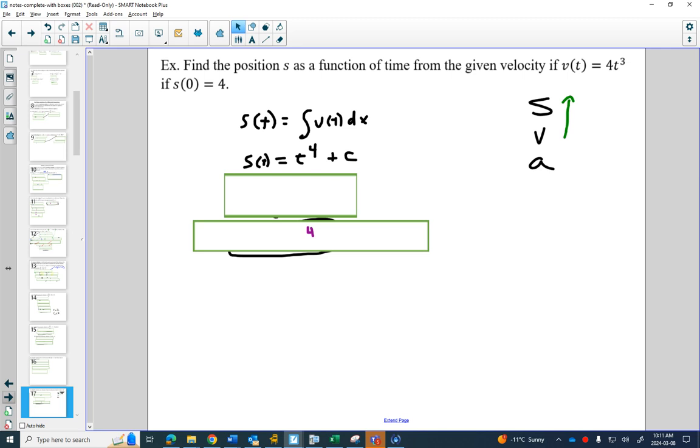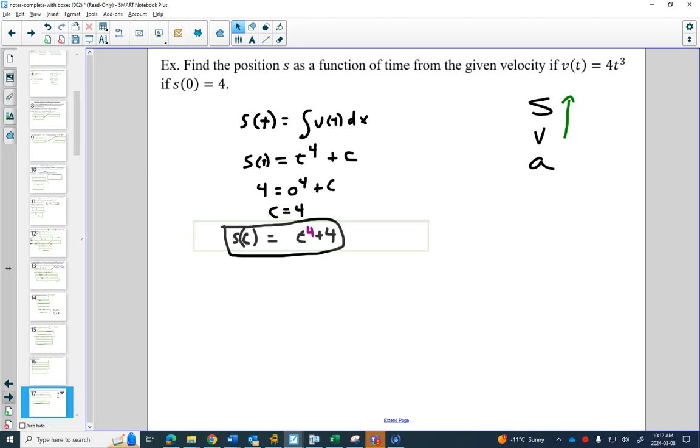T to the 4 plus c. We know that when t is 0, S is 4. That tells us that c is 4. And so we get S of t is t to the 4 plus 4.